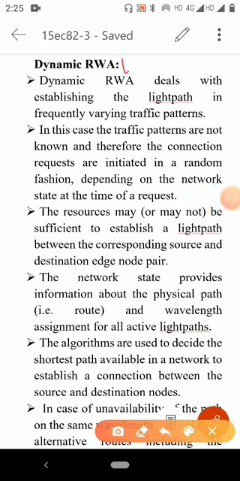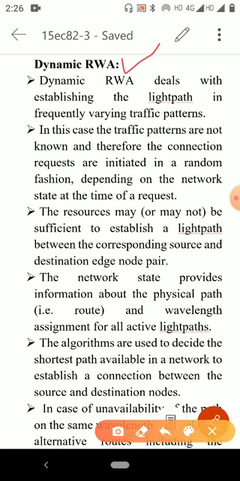The dynamic RWA deals with establishing the light path in frequently varying traffic patterns. In this case, the traffic patterns are not known and therefore the connection requests are initiated in a random fashion depending on the network state at the time of a request. The resources may or may not be sufficient to establish a light path between the corresponding source and destination edge node pair.